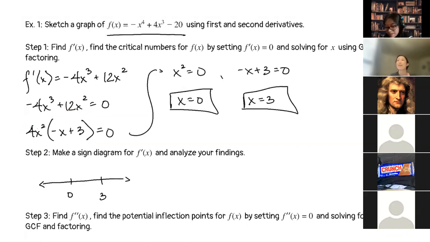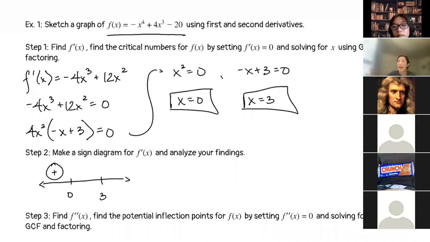I don't care what number you picked. When you plug that number into your derivative, do you get a positive value or a negative value? Positive. Good. So that means that all the slope before x equals 0 is positive. So we're just going to put a plus sign above that region.